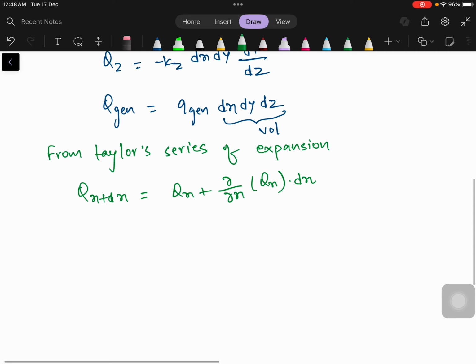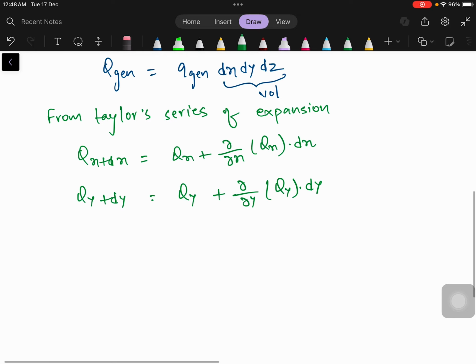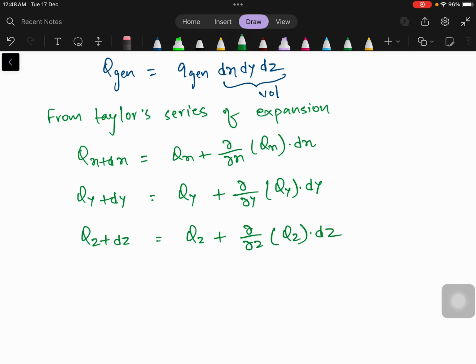Same way we can write Qy plus dy is Qy plus del by del y Qy dot dy, and Qz plus dz equals Qz plus del by del z Qz dot dz.